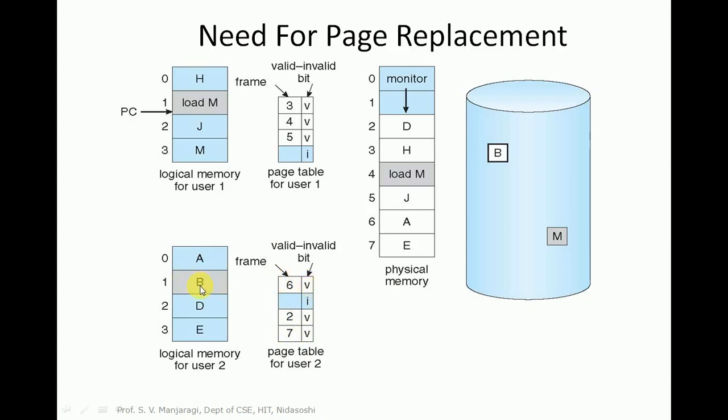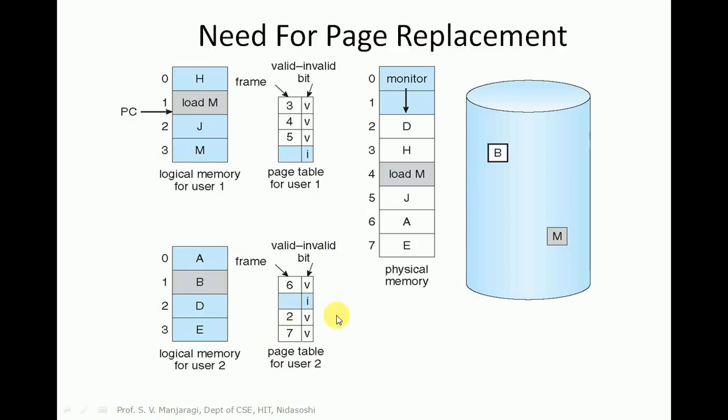But if you look at B, that is page 1 with instruction B, the corresponding entry in the page table is marked as invalid. There is no frame allocated. If the valid-invalid bit is I, it indicates that the particular page is not there in the memory and there is no frame allocated to it. It means there are no free frames to allocate.